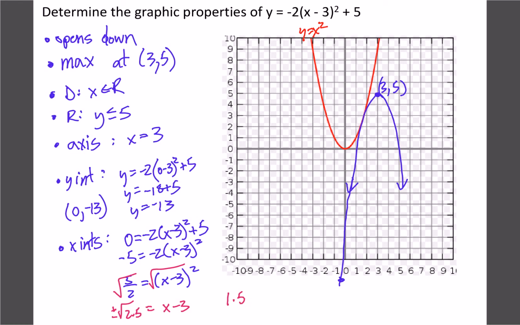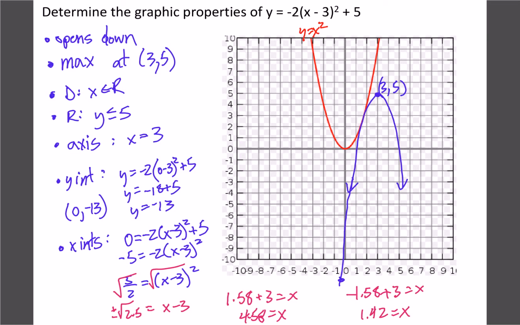So that means we'd have 1.58 plus 3 equal to x. That would give us 4.58 for one of them. And the other one would be negative 1.58 plus 3, which would give us 1.42. So that means that's our 2 x-intercepts.